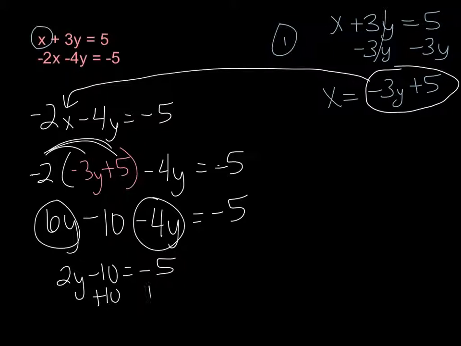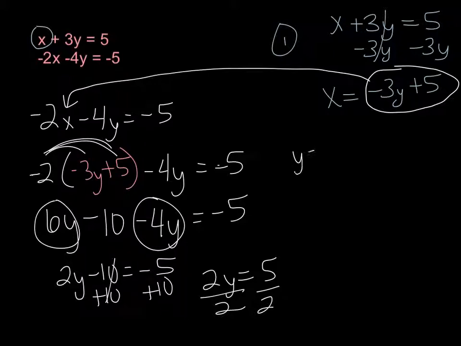I'm going to combine like terms. Add 10 to both sides. 2y equals 5. Divide by 2. And y equals 2.5. Alright, so in my solution, the y-coordinate in this case is 2.5. And then I'm going to go back to my equations, and actually I can go back into this rewritten equation and plug in 2.5.